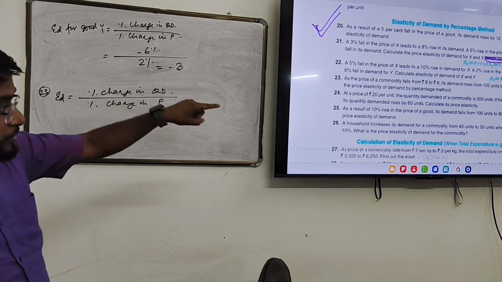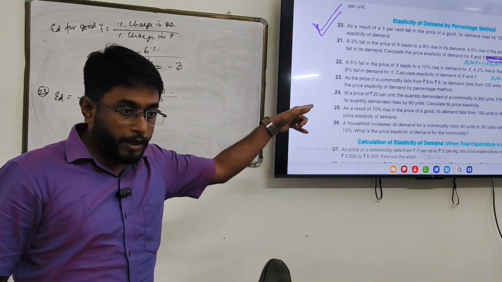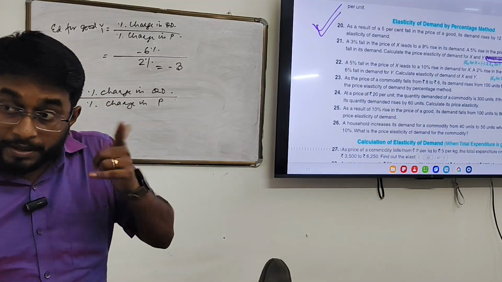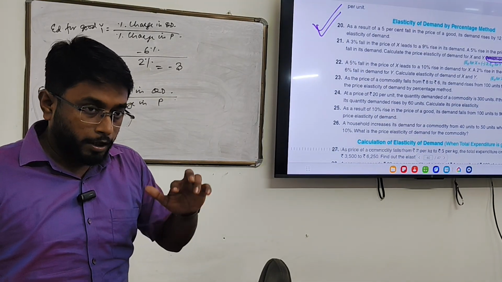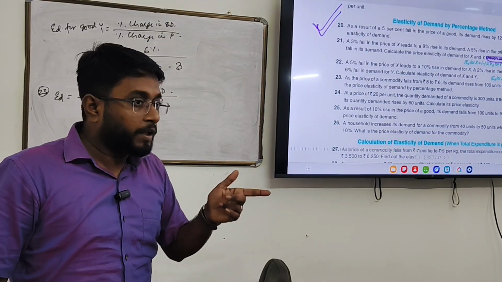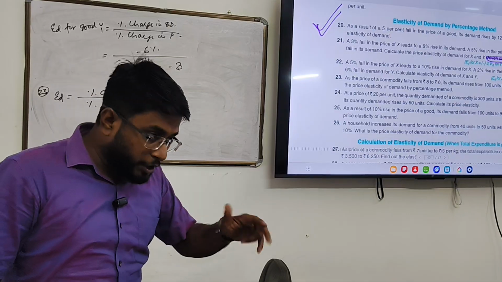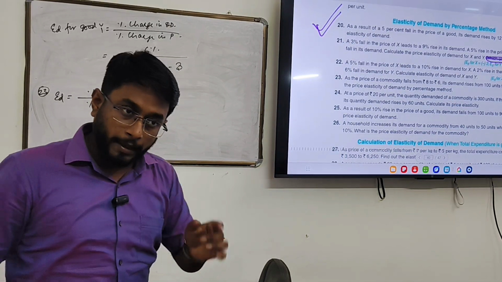But if we see question number 23, neither price nor quantity demanded is given in percentage form. Are you getting what I am saying? Neither piece of information is given in percentage form. That is, our first job is to convert the information into percentage. Am I clear?